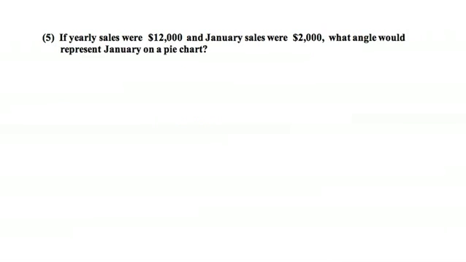Okay, next problem, and as usual, if you want to try this on your own before seeing the solution, you can pause the screen now. Here, if yearly sales were $12,000 and January sales were $2,000, what angle would represent January on a pie chart?